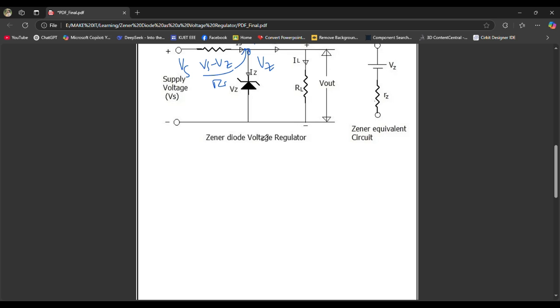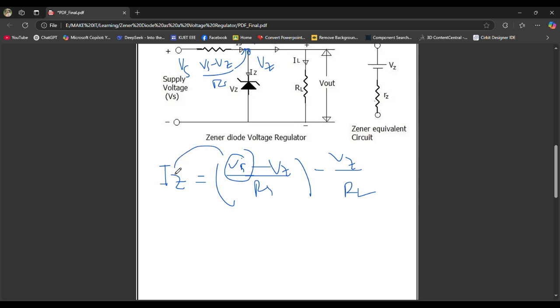This is very simple, quite similar to the previous one. From the previous one we have the equation Iz is equal to Vs minus Vz divided by Rs minus Vz divided by RL, right?